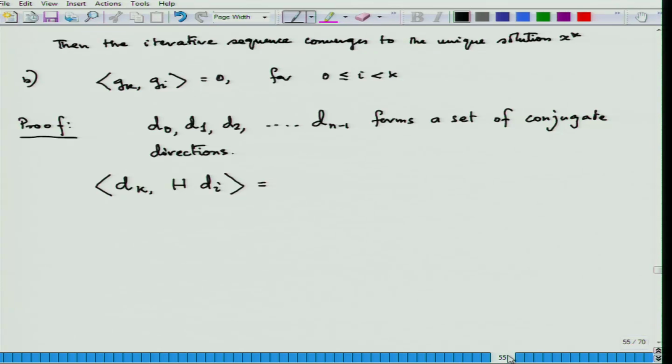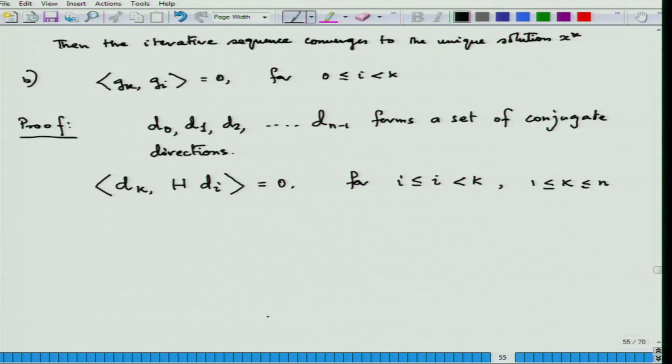You should prove dk H di is equal to 0 when k is not equal to i, or another way of showing it is that this is equal to 0 for all i strictly less than k. So you fix k and change the i's. If you can show this, then you basically show that di H dj is equal to 0 whenever i is not equal to j.